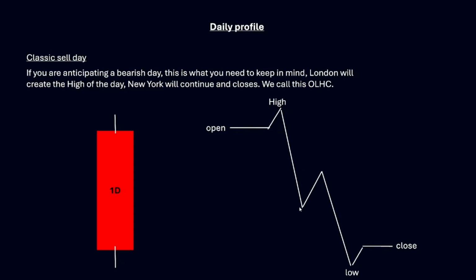But if you're a trader that trades only on the New York section, you're looking for a trend continuation, a retracement back to that London range, retracement to a 15-minute fair value gap, execute on that fair value gap, lead to a trend continuation, and price will create the low of the day, a retracement back to the complete daily range, and close.